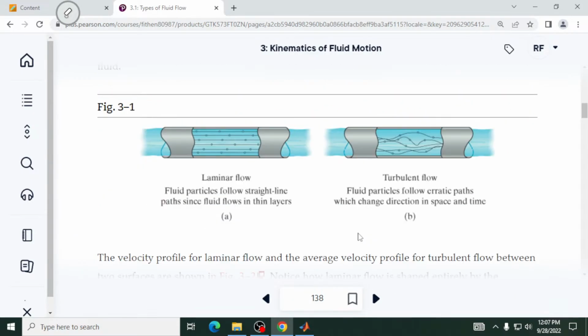He talks about laminar or turbulent. You've probably experienced this before. In a laminar flow, the particles remain very organized and don't divert very much from their general path that's dictated by a high pressure to a low pressure.